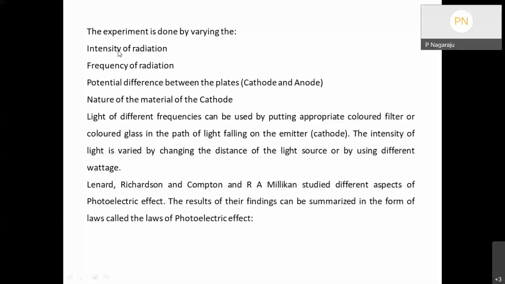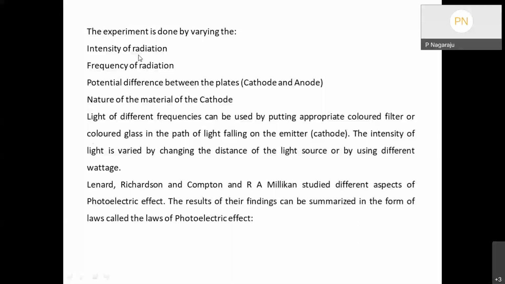We can either use different wattages of light bulb, or if we want to use only a single source, maybe of 40 watt, then we have to vary the distance. You know about the inverse square law, that I is proportional to 1 over d square. That means as the distance increases, the intensity decreases.